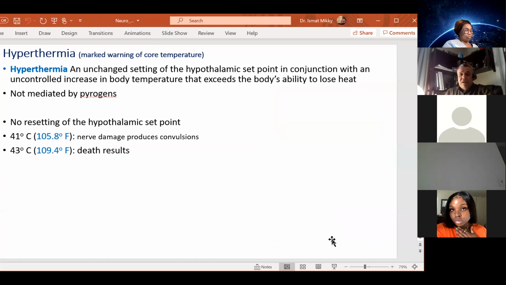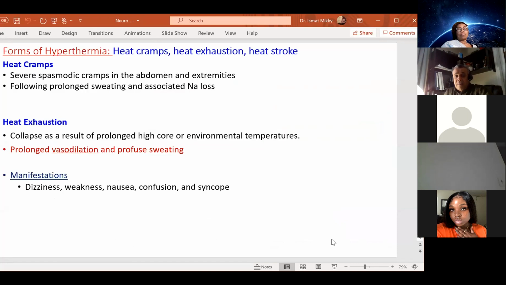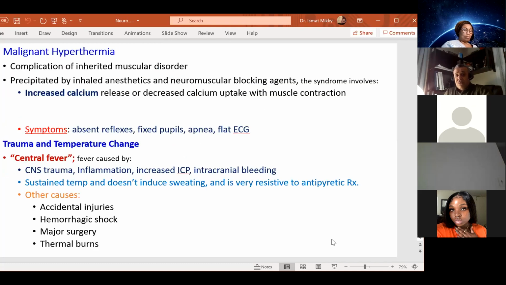Now, hyperthermia is an unchanged hypothalamic set point in conjunction with an uncontrolled increase in body temperature that exceeds the body's ability to lose heat. Hyperthermia can be one of the following subcategories: heat cramps, heat exhaustion, heat stroke, and then malignant hyperthermia is a little bit different.